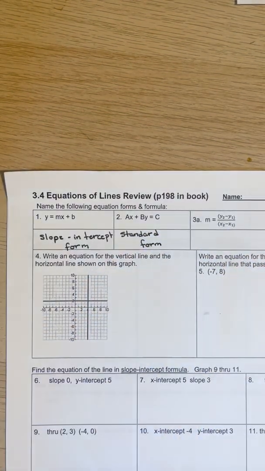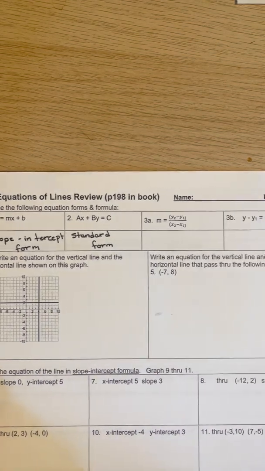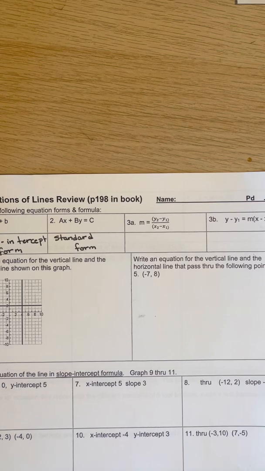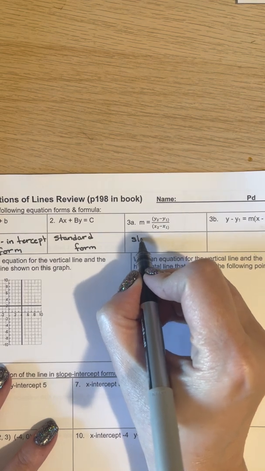So in this particular format, your variable terms are moved over to the left and your constant is to the right. Sliding over just a little bit here, let's take a look at our next formula. This one's called the slope formula.